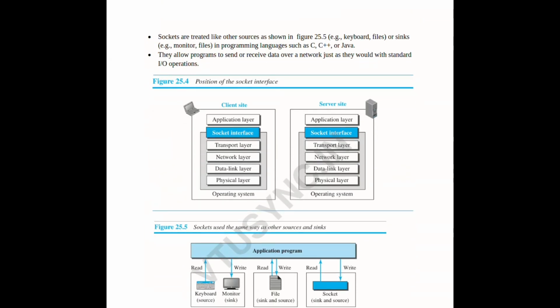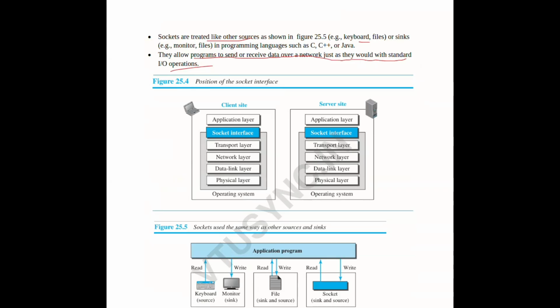Now, sockets are treated like other sources, for example, a keyboard, a monitor, or a file. In the programming language, they allow the programs to send or receive data over the network just as they would with the standard input-output operation.